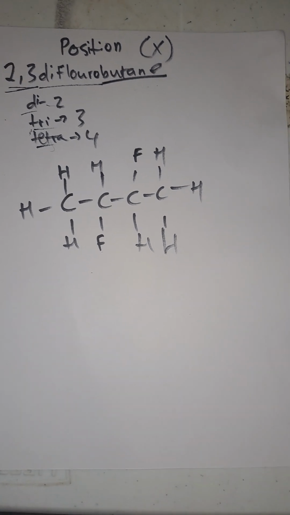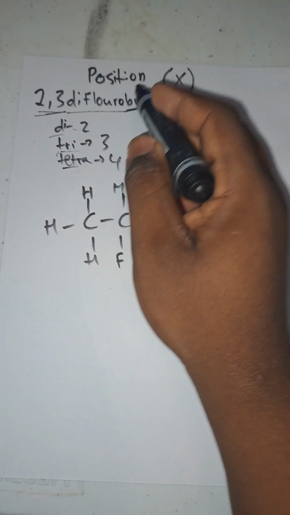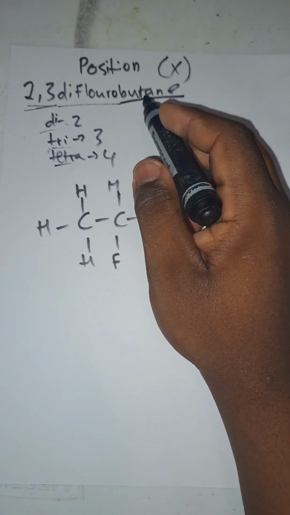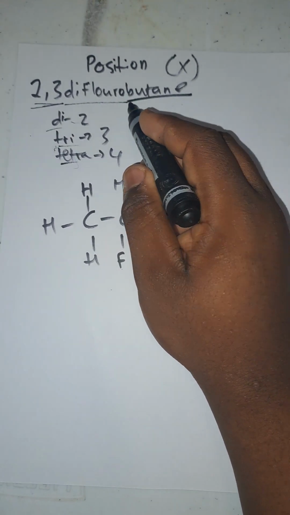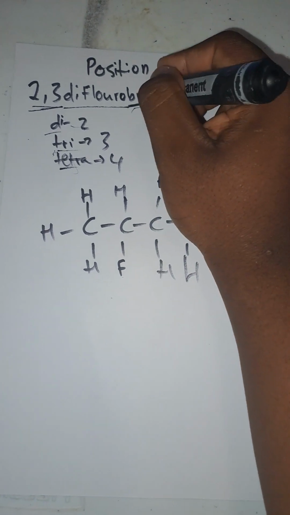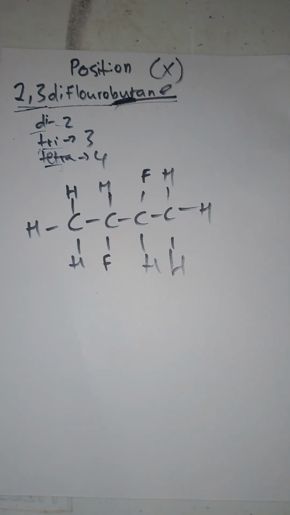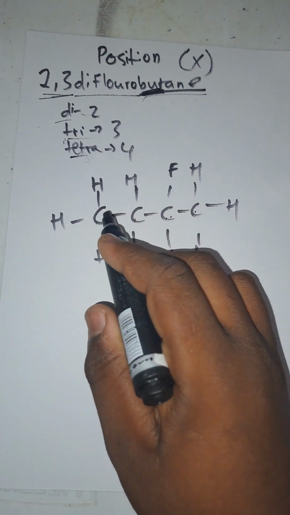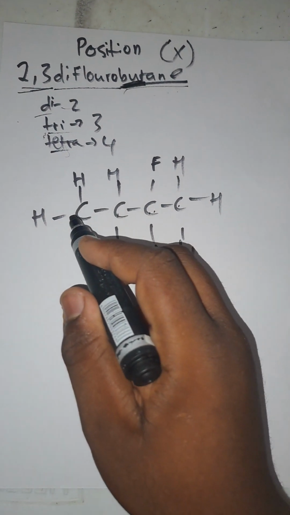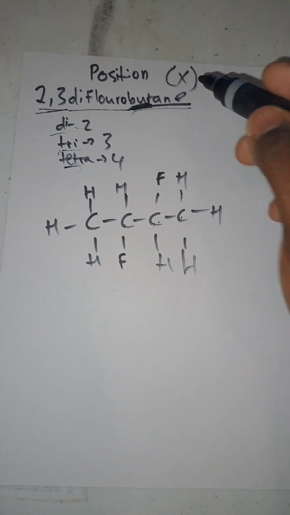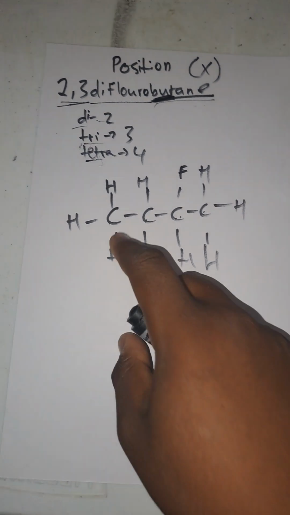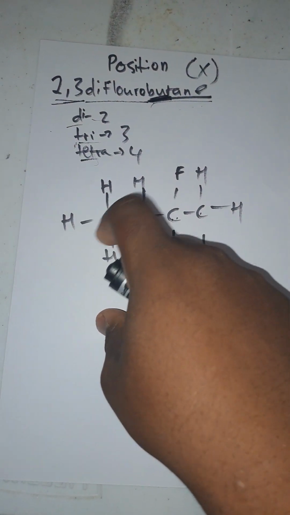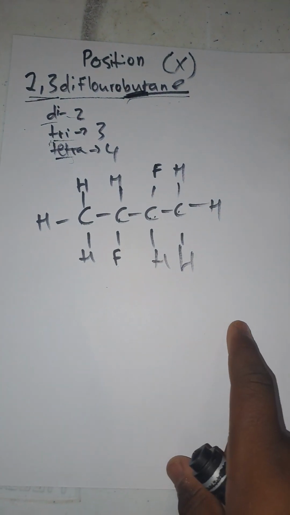Whenever you want to do your structural formula, you start here. You check butane. But tells me I must have 4 carbon atoms. Then I draw my 4 carbon atoms. Ane is the suffix for alkane, meaning that there is no double bond. There are single bond lines. That's why I've put everything.